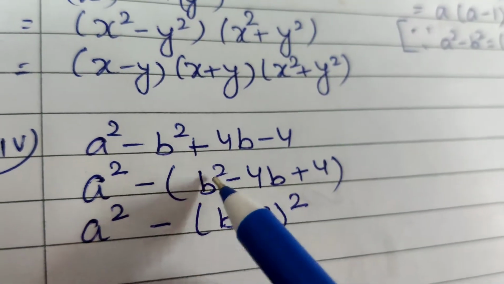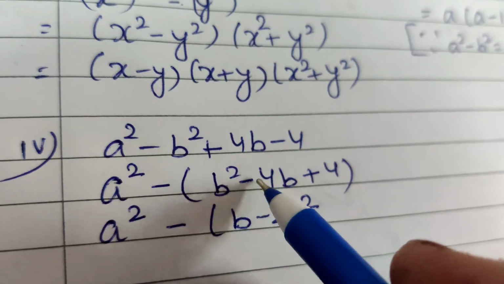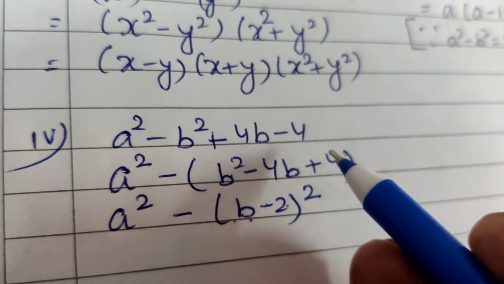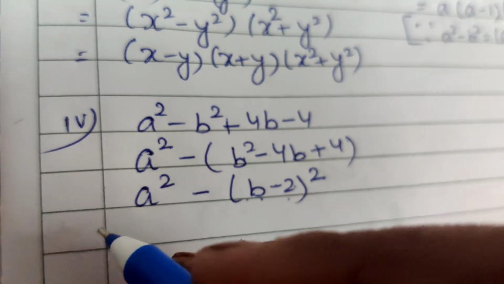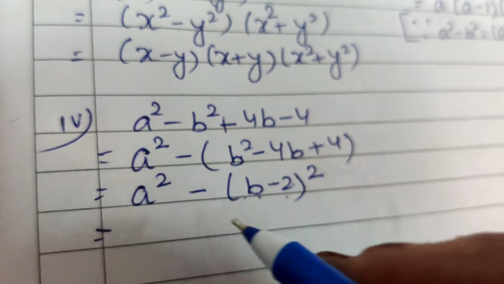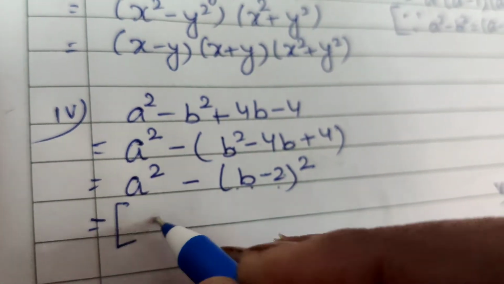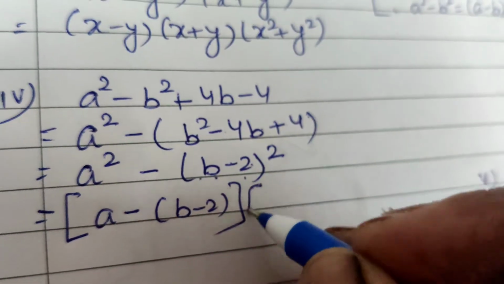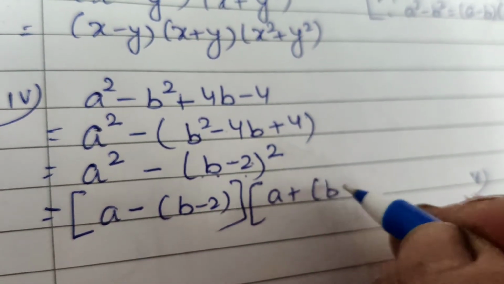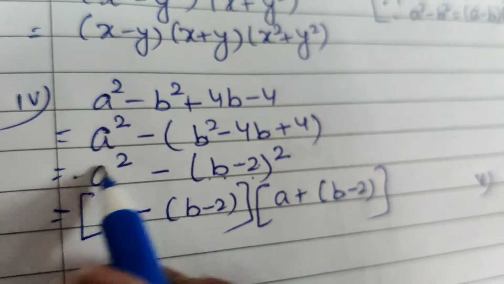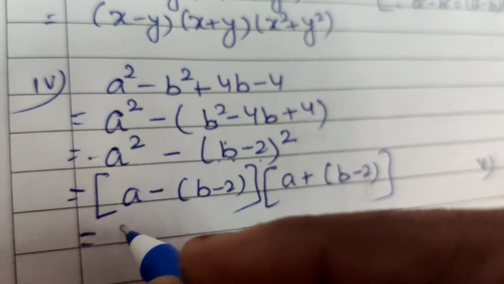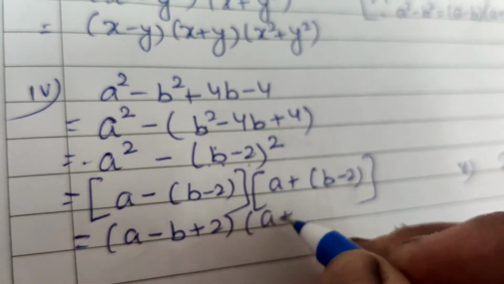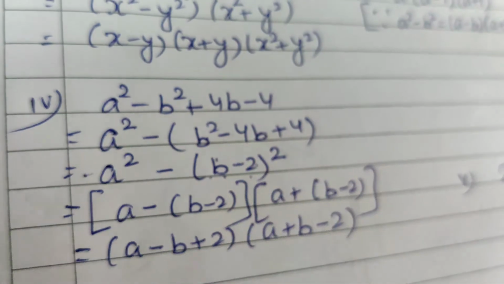By using the identity (a minus b) whole square equals a square minus 2ab plus b square, it means b square minus 2 into 2b plus 2 square. Again use the identity (a minus b) and (a plus b). The first bracket a minus (b minus 2) and the second bracket a plus (b minus 2). One time add and subtract. The final factorization is (a minus b plus 2) and (a plus b minus 2).